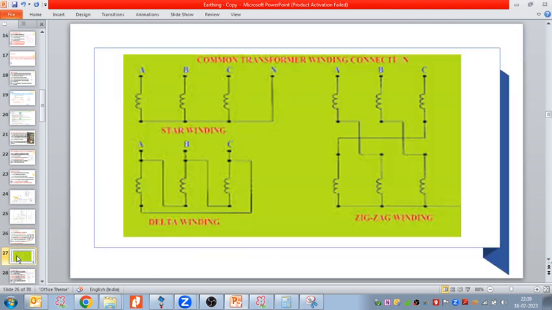Let us see another example. So here we have the star delta winding. On the right hand side, if you see, R phase going to here, Y phase, and then B phase, and then this all going to connect with the ground, right?